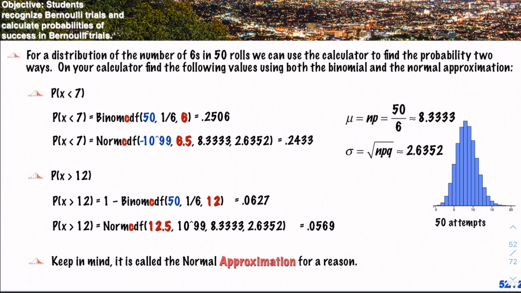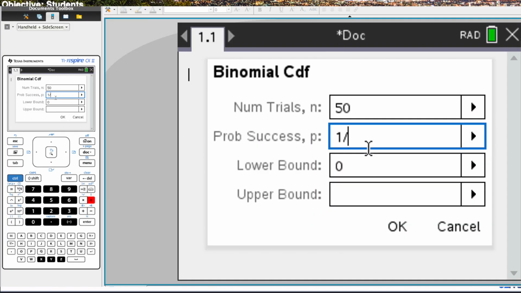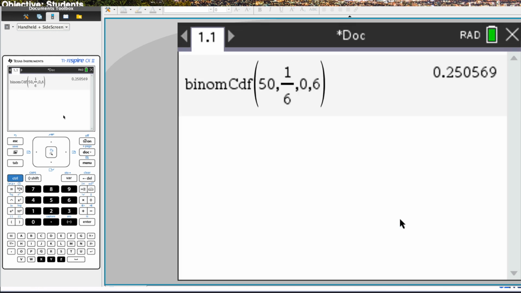The success is 1/6. Our lower bound is 0. The upper bound would be 6 because we want up to including that. We hit enter, we get 0.2506.